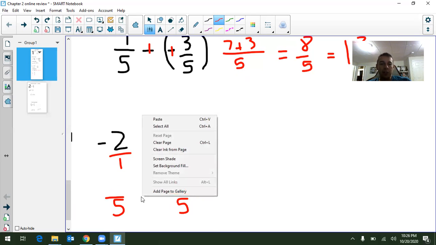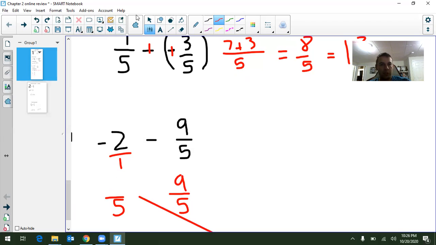And it's a subtraction problem. And the second one, though, we changed our 1 to a 5. And how did we get that 5? We multiplied it by 5. So we're going to have to do the same thing to the top. We have a -2 times 5 is a -10.